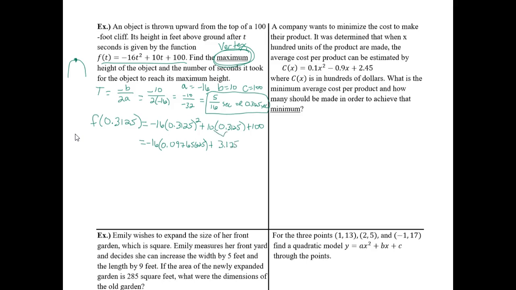And I multiplied here times 10. Still have plus that 100. We can multiply negative 16 times that big old long decimal, and we get negative 1.5625. And then I'm just going to add left to right, and I get 101.5625, and that was in feet.